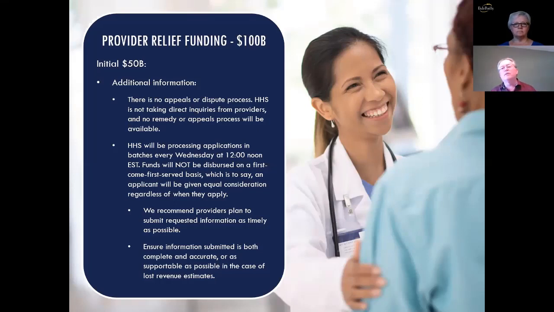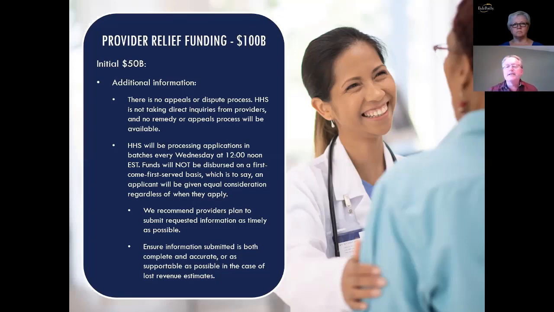On this extra 20 billion and the reconciliation, HHS will be processing applications in batches every Wednesday, and they will not be dispersed on a first come, first served basis, they say. But at the same time, while they say that everyone will be given equal consideration, we recommend people get their applications in quickly.